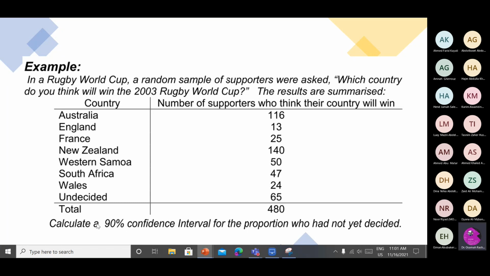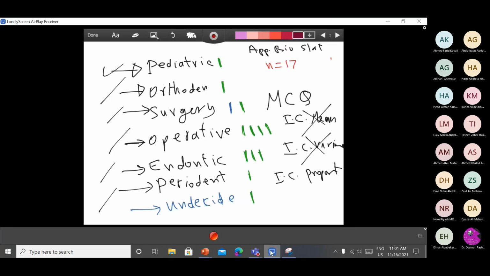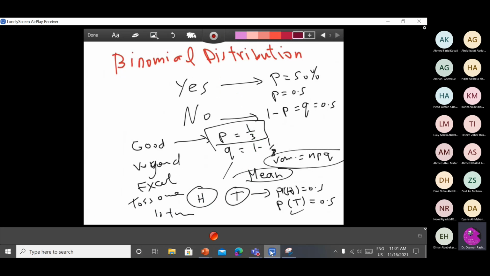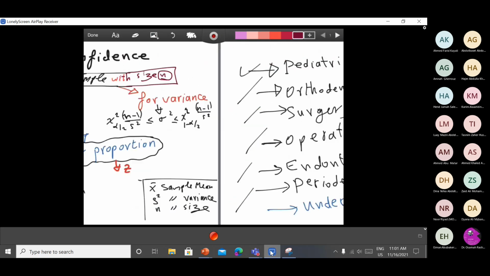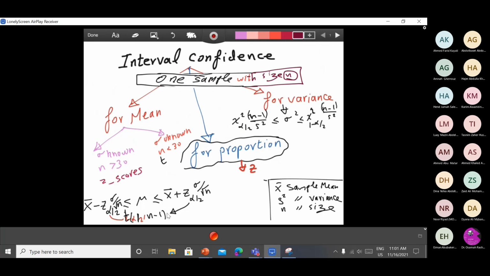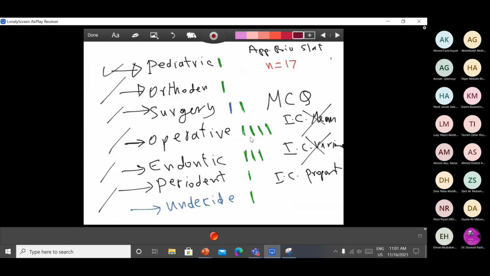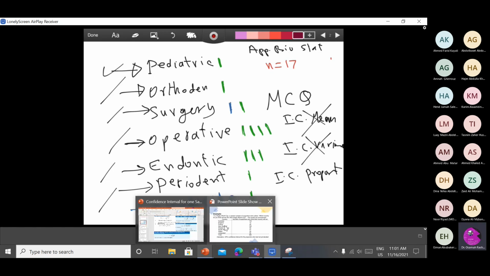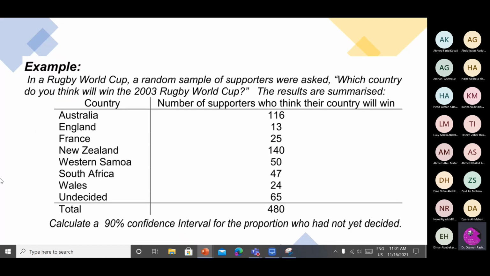Without this one, you cannot use any formula here. You have alpha here, alpha here, alpha here, so you have alpha everywhere, right? So I have to know the level of significance, or if I know the confidence level, I take 100% minus this percent and I get the level of significance alpha.